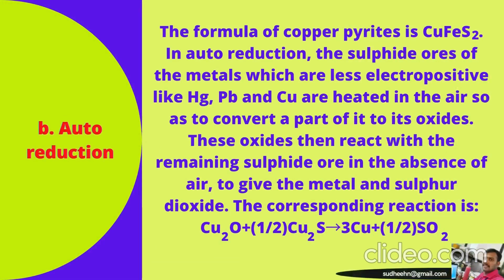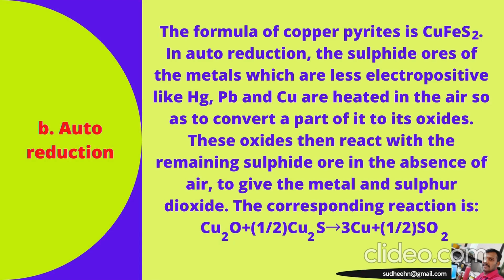Because the formula of copper pyrites is CuFeS2, that is copper iron sulfide. In auto reduction, the sulfide ores of the metals which are less electropositive, like mercury Hg, Pb and Cu, are heated in the air so as to convert a part of it to its oxides.